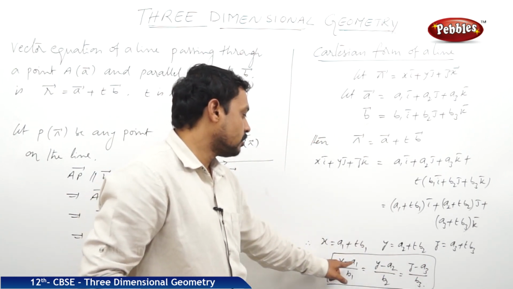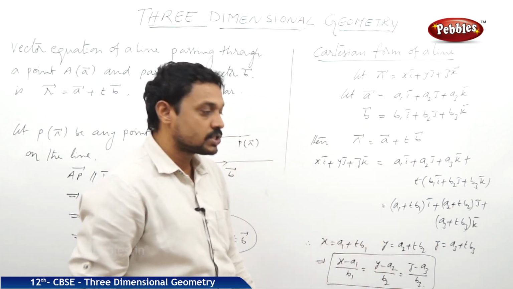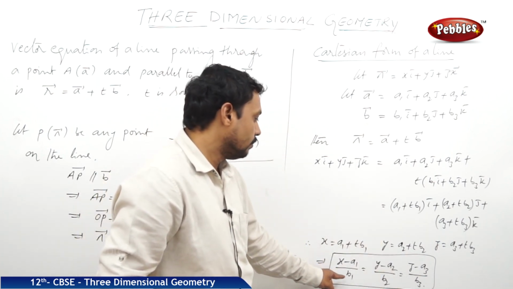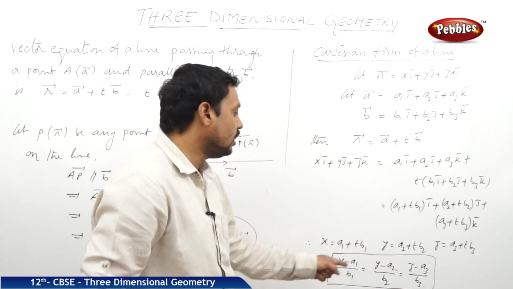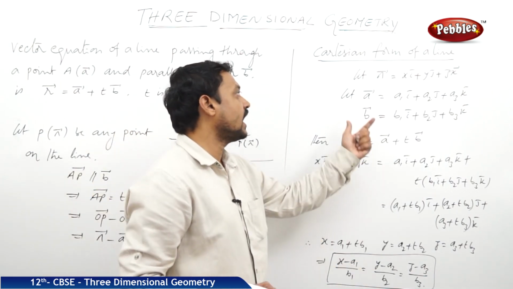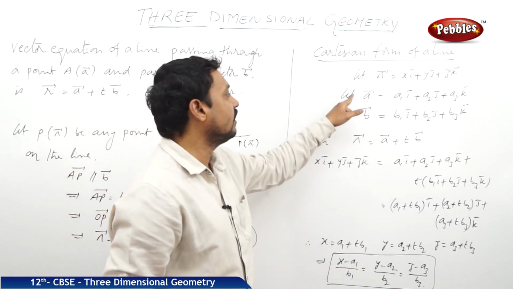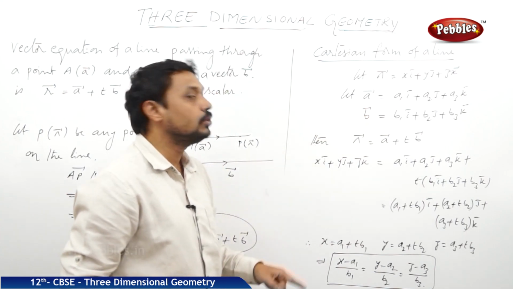Look, the corresponding ratios are the same. Hence, b1, b2, b3 are the direction ratios of the given line passing through A bar and parallel to the vector B bar.